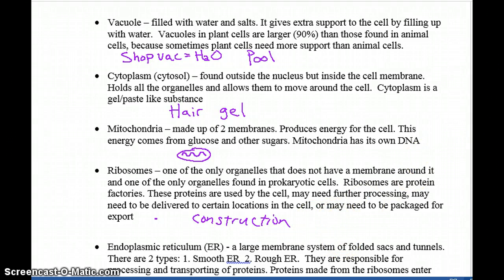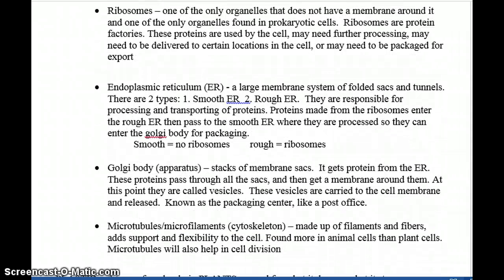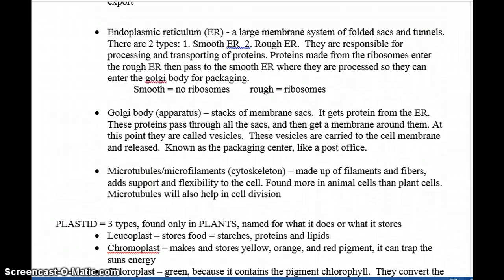Then we have the endoplasmic reticulum, which you can abbreviate ER. There are two types of them. There is the rough ER and the smooth ER. And the only difference is the rough ER has ribosomes on the outside of it. It makes it look rough or bumpy. The smooth ER does not have any of these ribosomes. But the ER's job is transportation.